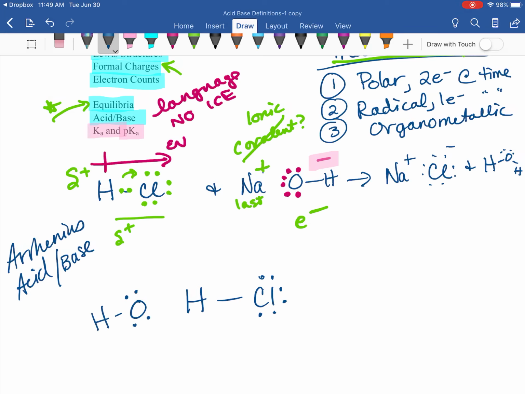What if that OH, with those extra electrons, literally collides with that hydrogen? Now you notice I'm drawing an arrow there. This arrow is actually very specific. For polar mechanisms, we draw a two-headed arrow. That arrow is electrons. We are forming a bond to that hydrogen.